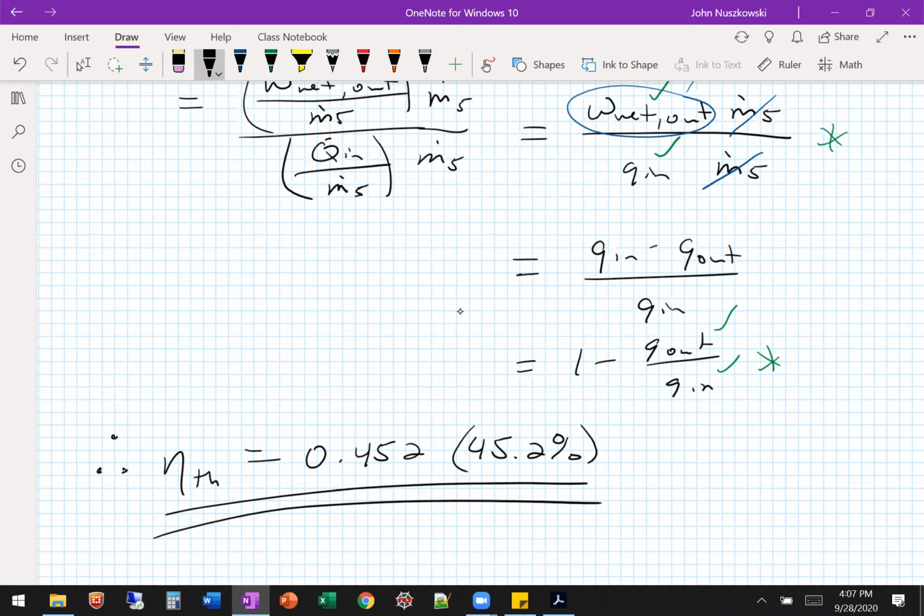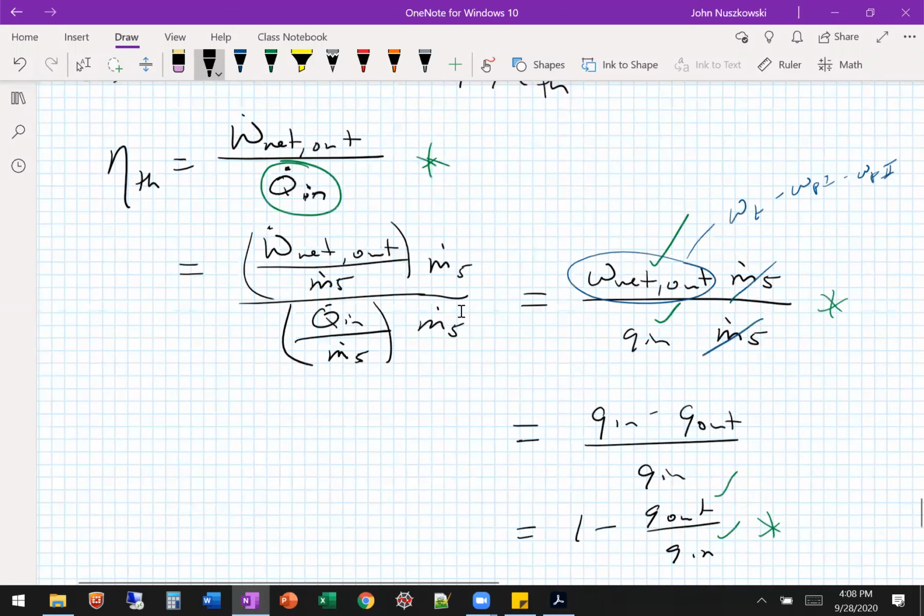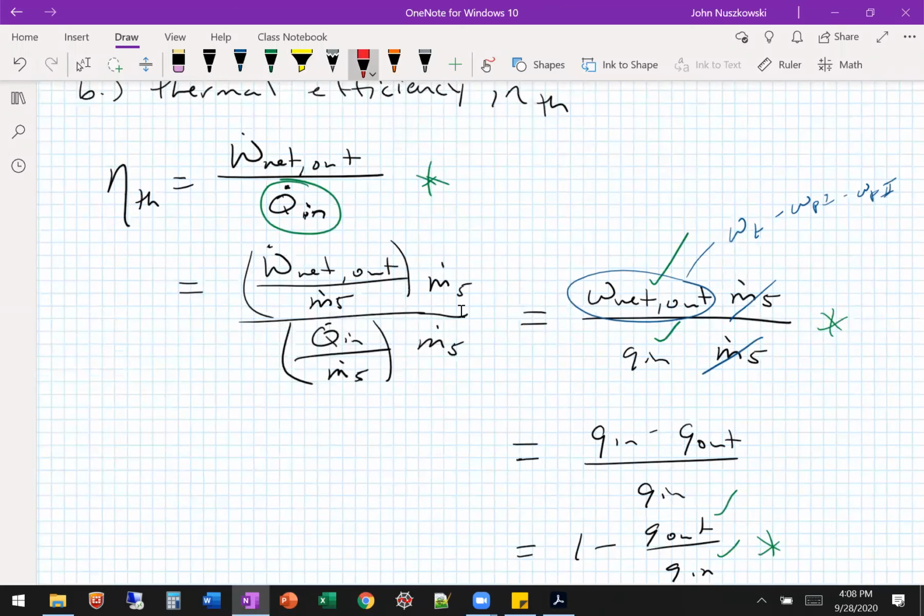Yeah, for the one that we used showing the division of mass flow rate 5, do you have to show that division first before you rewrite it, or could you have just gone straight to writing it the way that you did on the right-hand side? No, you don't have to do this. The reason I like to do this is I want you to see where you could just write it like this.